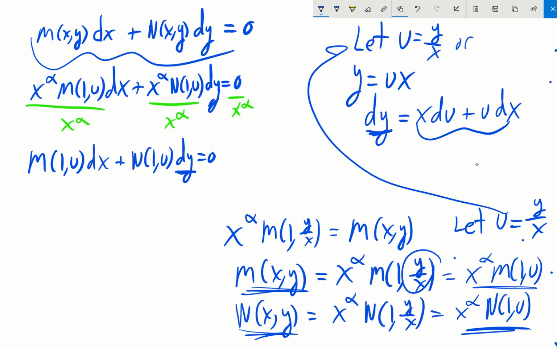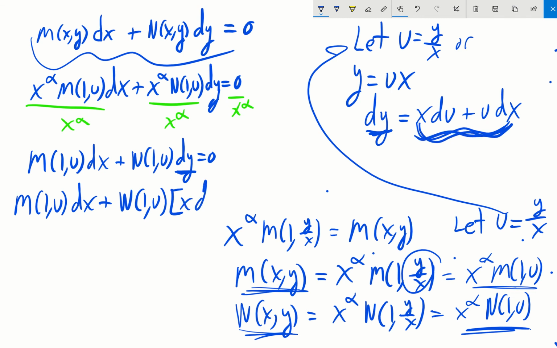So let's come over here and do this. We have m of 1 comma u dx plus n of 1 comma u times dy, which dy is this expression here, x du plus u dx, equals 0.